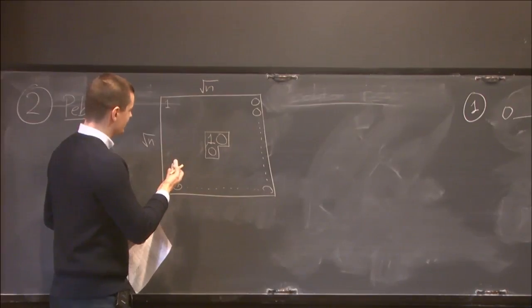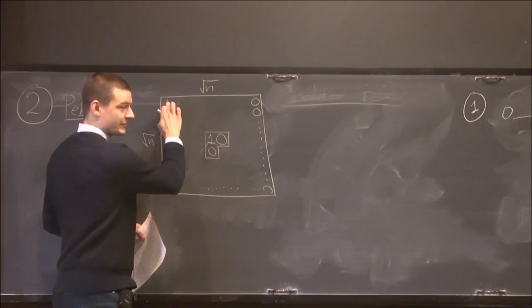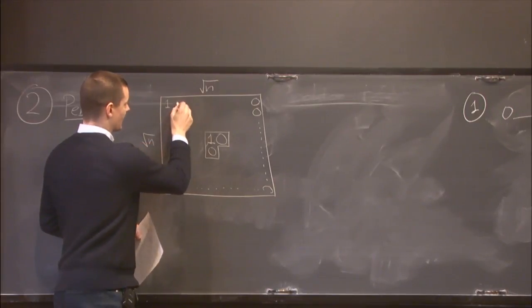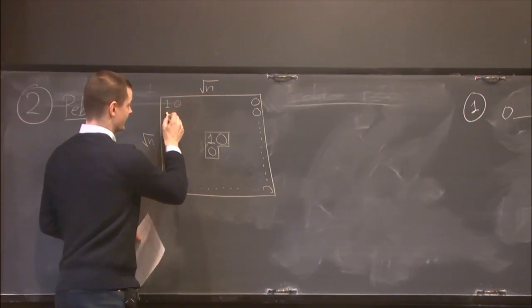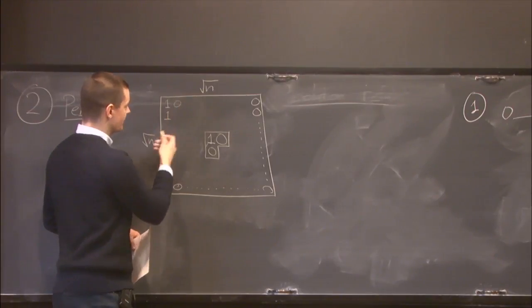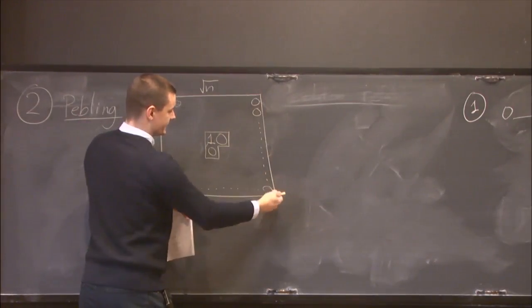You can test whether the pattern appears at the very left upper corner. And if it doesn't appear, so maybe it didn't appear because this was a 1, well, then you find a 1 that's closer to these boundaries.